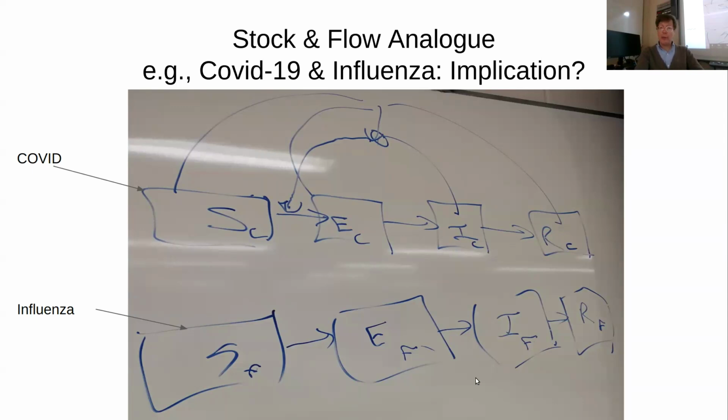It's not keeping track of how many are infected with respect to flu and susceptible with respect to COVID. It's not characterizing that at all, whereas it would in a pair of state charts next to each other.